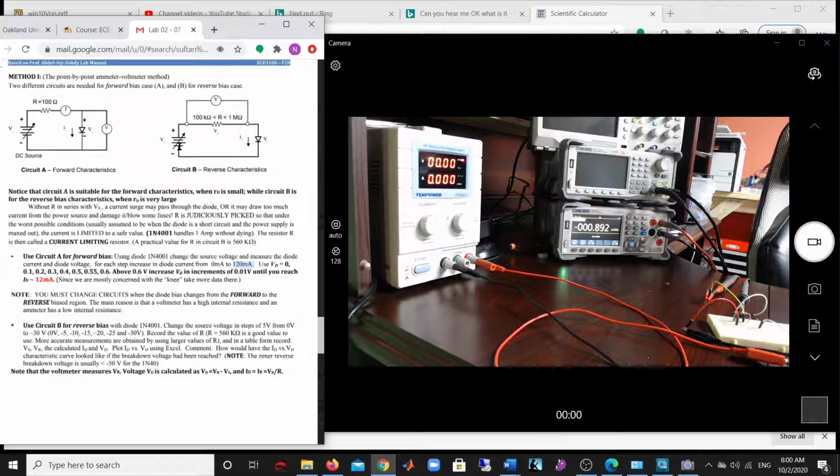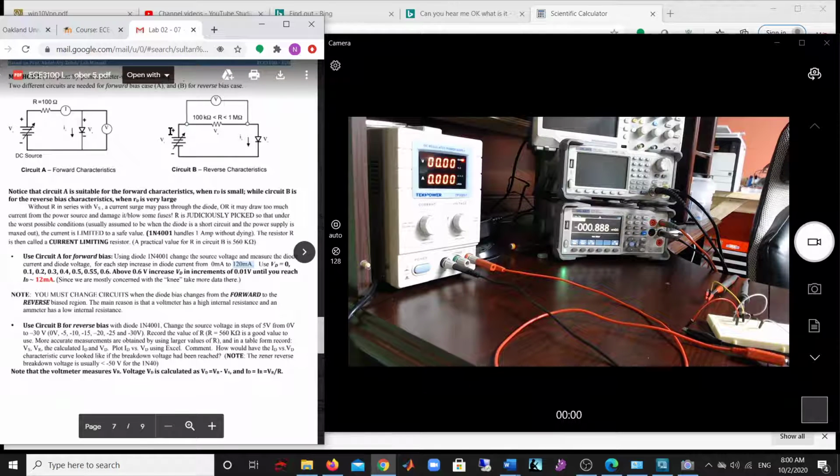The other TAs, just make sure to flip the polarity of the voltage supply, and the positive will be connected to the cathode of the diode. This is very important.